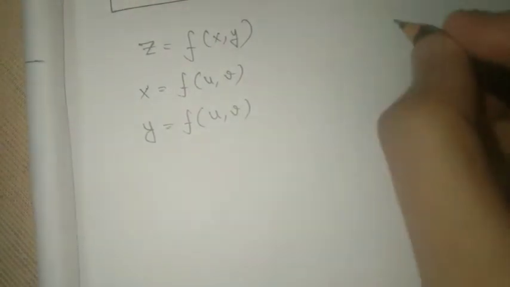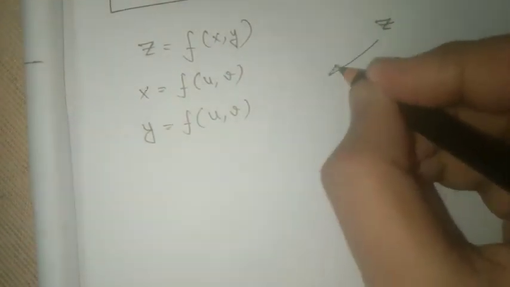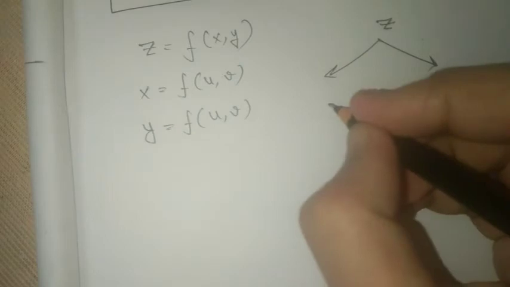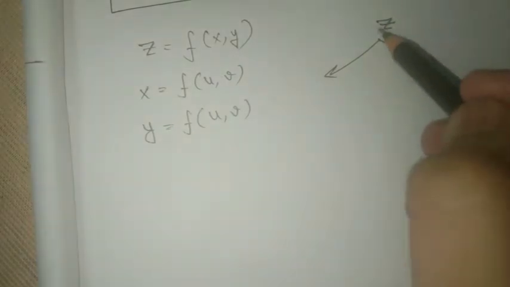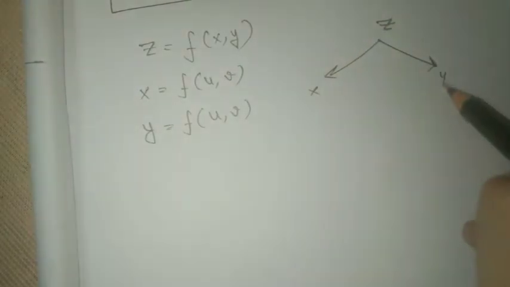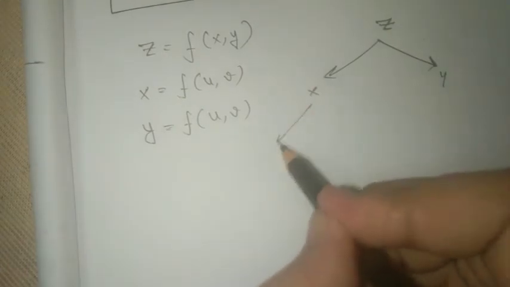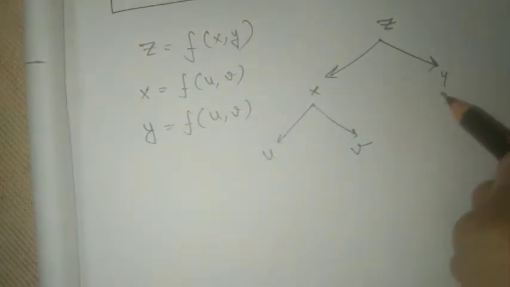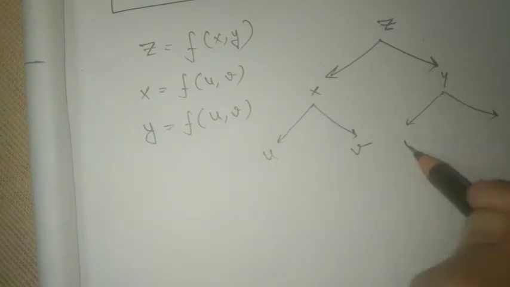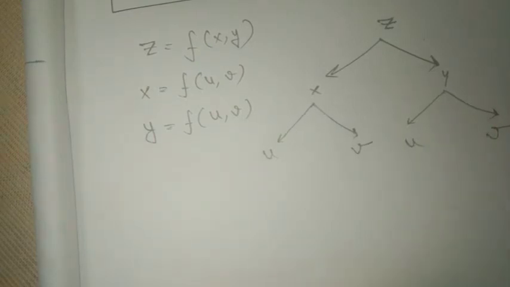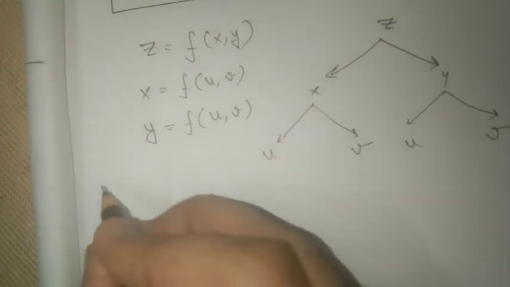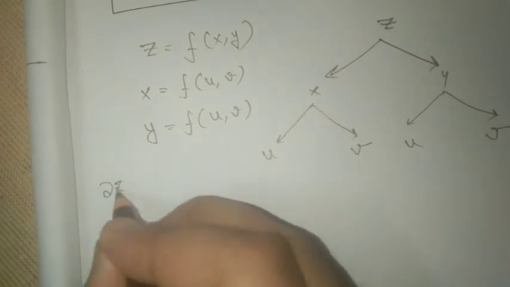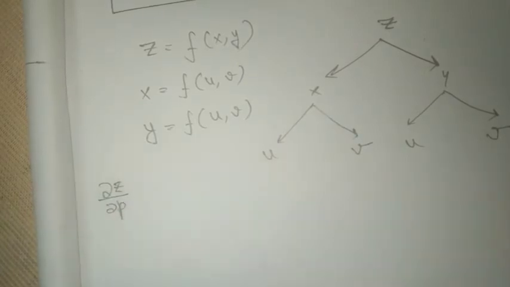So this is z, and z is a function of x and y, and again x is a function of u and v, y is a function of u and v. We need to find del z del p.